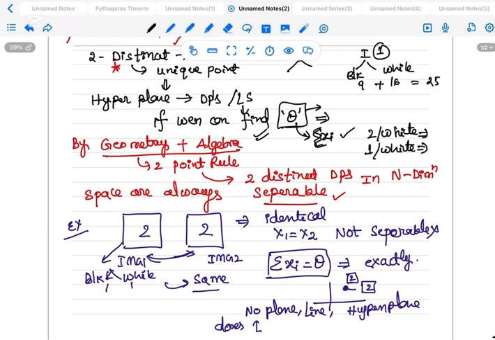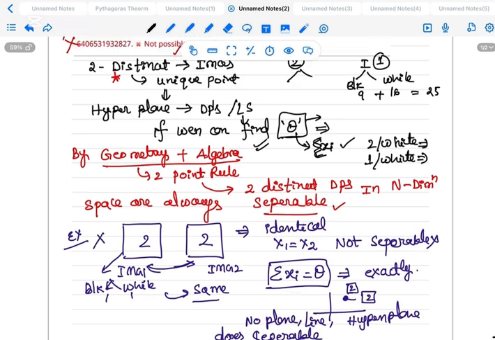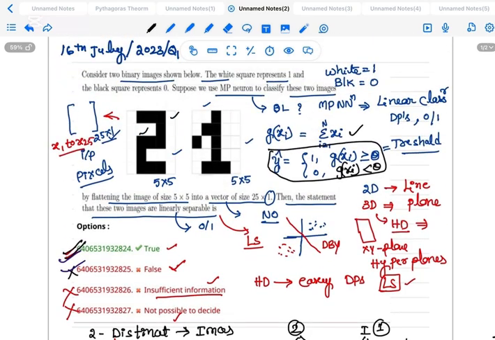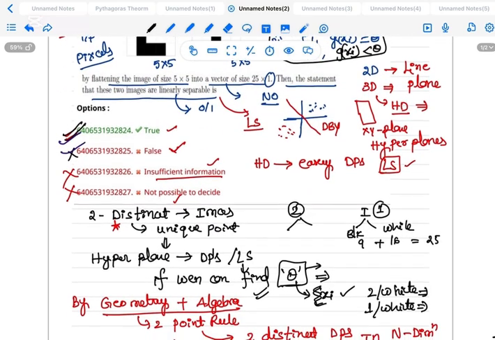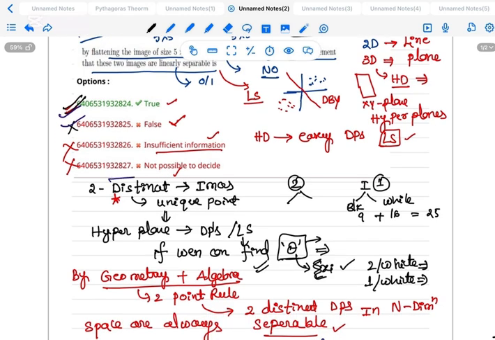It is not separable because both are the same, identical. So this is not possible. Only two images that are distinct are separable. Distinct is very important. If both are distinct, you can separate these two images.